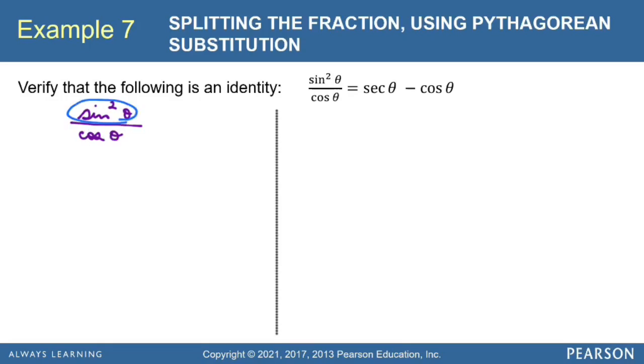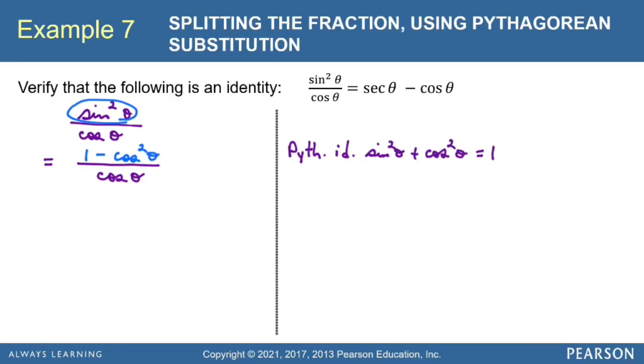So let's circle our sine squared theta. And on the next line, let's replace sine squared theta with 1 minus cosine squared theta. Then the denominator is still cosine theta. And over here on the right side, let's write down what kind of identity we used to make that change. And of course, we used a Pythagorean identity to do that. And now you see we have what we wanted, which was 2 terms in the top.